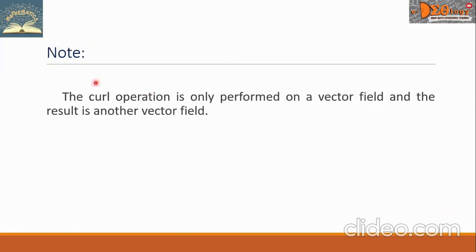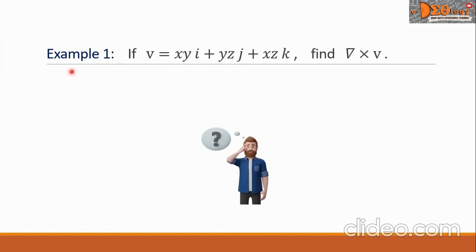Note that the curl operation is only performed on a vector field, and the result is another vector field. Example 1: if v equals xy i plus yz j plus xz k, find gradient cross v.